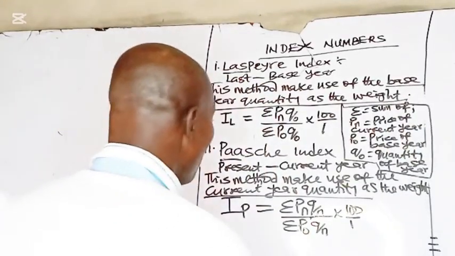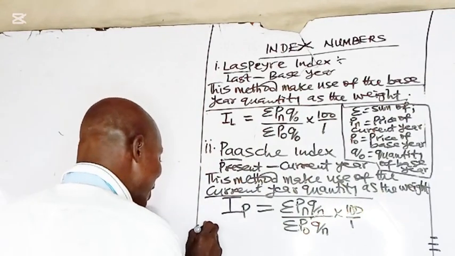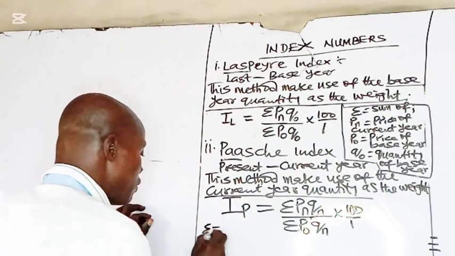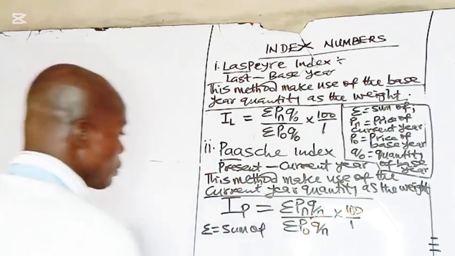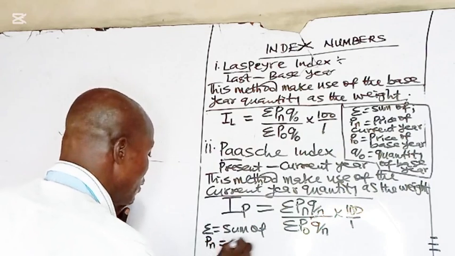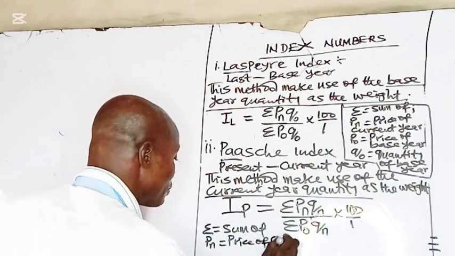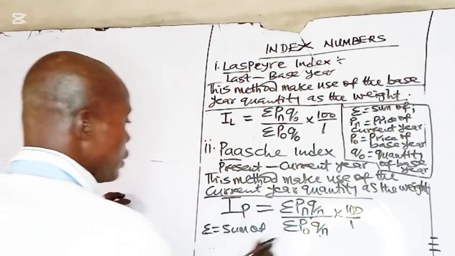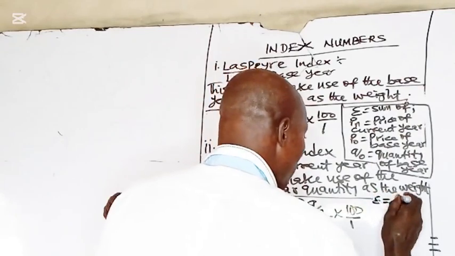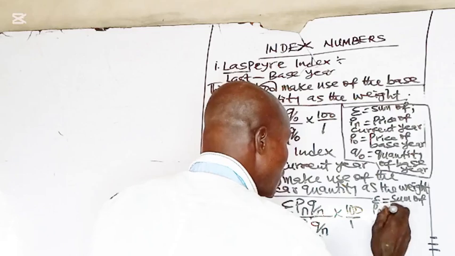Take note of that. But for this one now, remember this symbol stands for sum of. PN stands for price of current year. This is sum of PN, current year price.